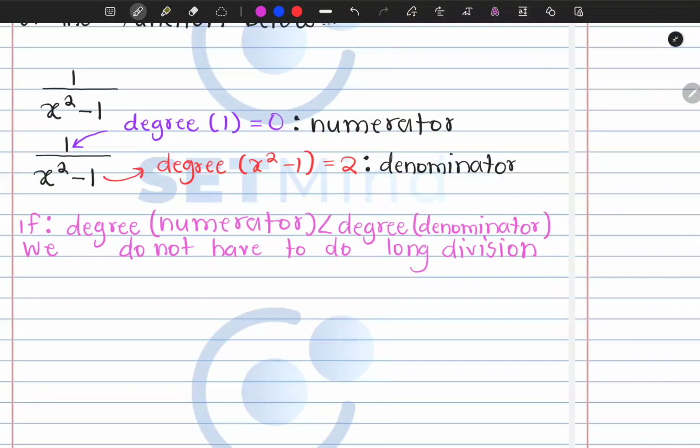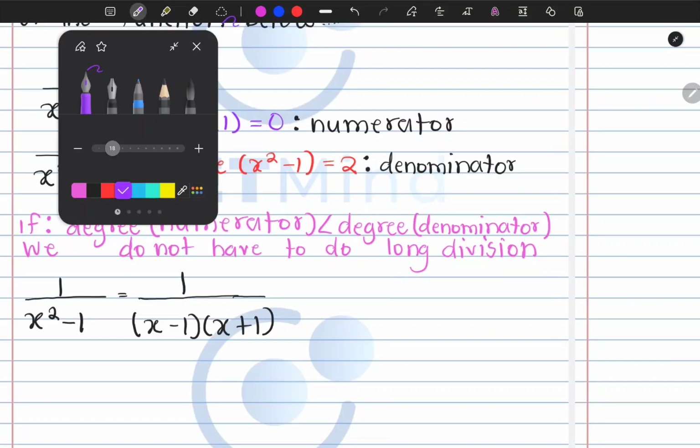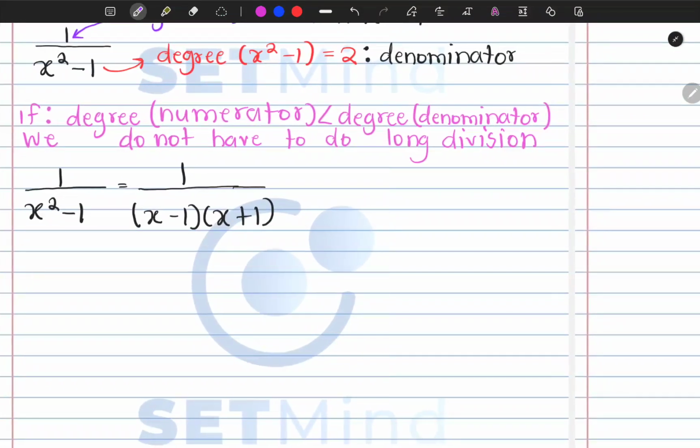Okay, so now we can go ahead and do our splitting. Because we have a quadratic expression on the denominator, what we want to do is to split it into its respective linear factors. So that will be x minus 1 and x plus 1. And this is what we are going to use to be able to write down our partial fractions expression, once we have factorized into its linear factors.